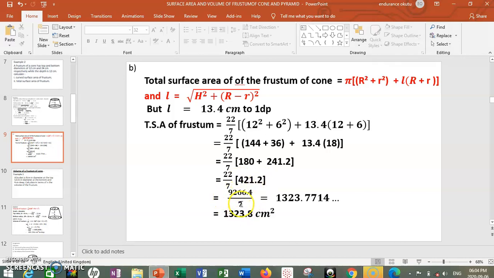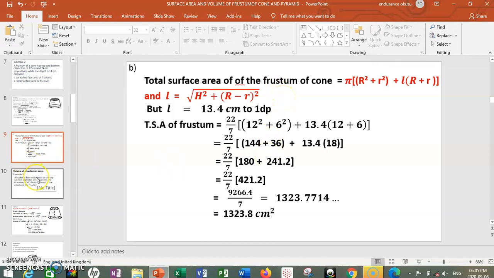When we divide by 7, it gives us 1323.7714, and so on. Taking our final result to 1 decimal place, we have our answer as 1323.8 centimeter square as the total surface area of the frustum of the cone.